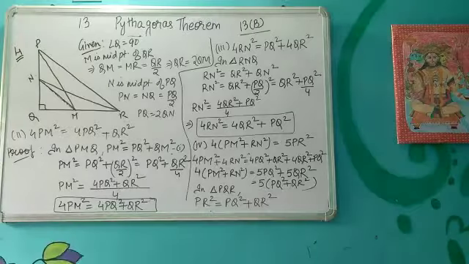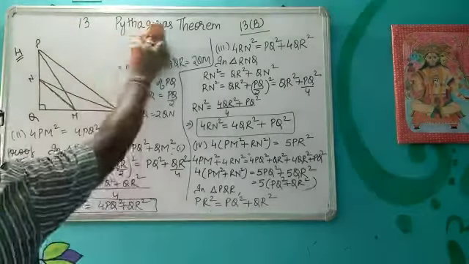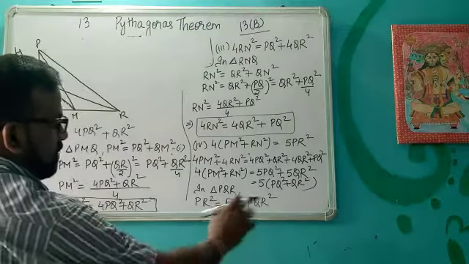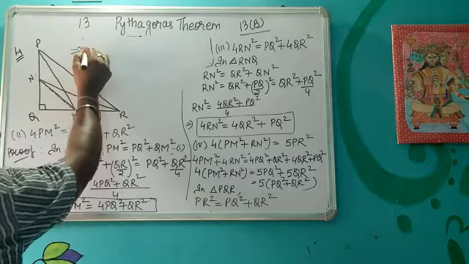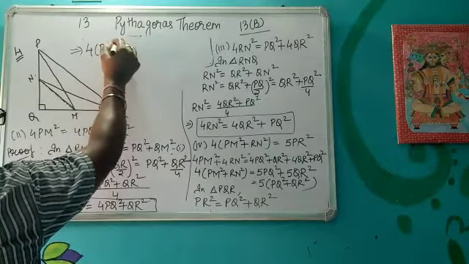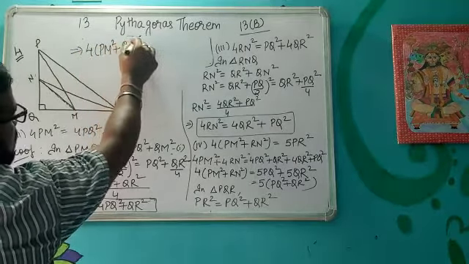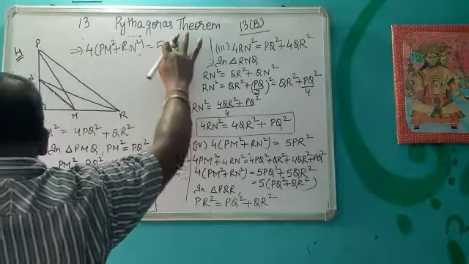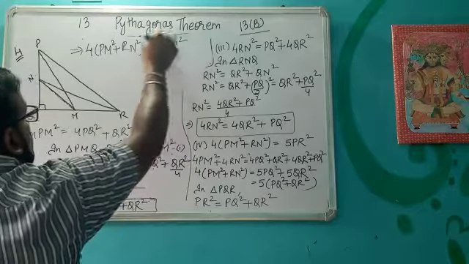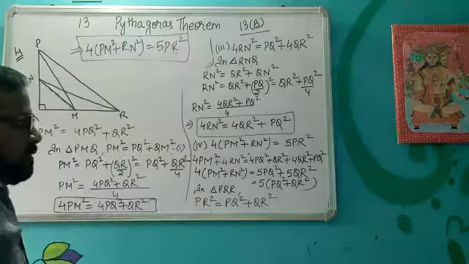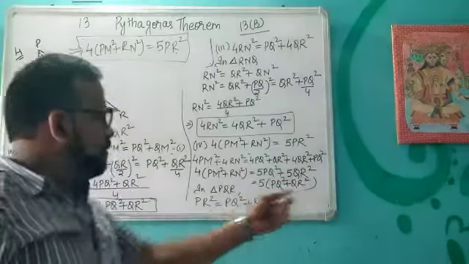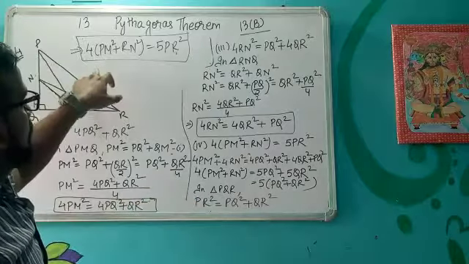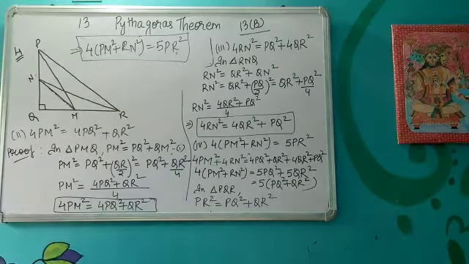So this result we will use here and substitute the value. So we will get 4 times PM square plus RN square is equal to 5 PR square. Okay. So I have substituted PQ square plus QR square as PR square in this equation. After putting the value, it will give you the desired proof. So this is all about this question.